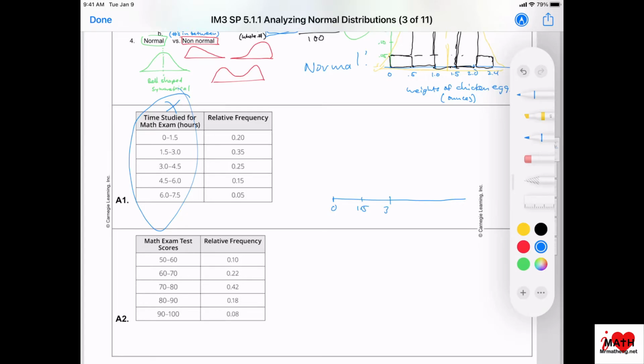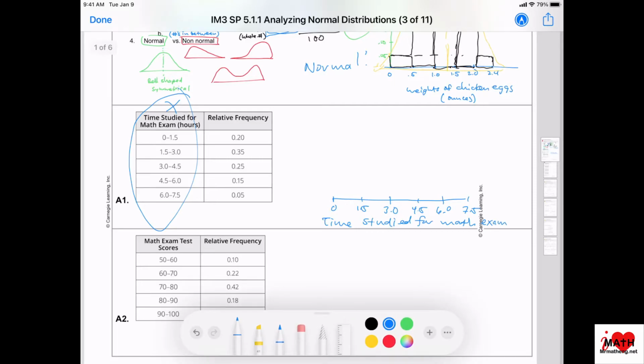1.5, 3, 4.5, 6, and 7.5. And this is time studied for math exam. And this is measured in hours.